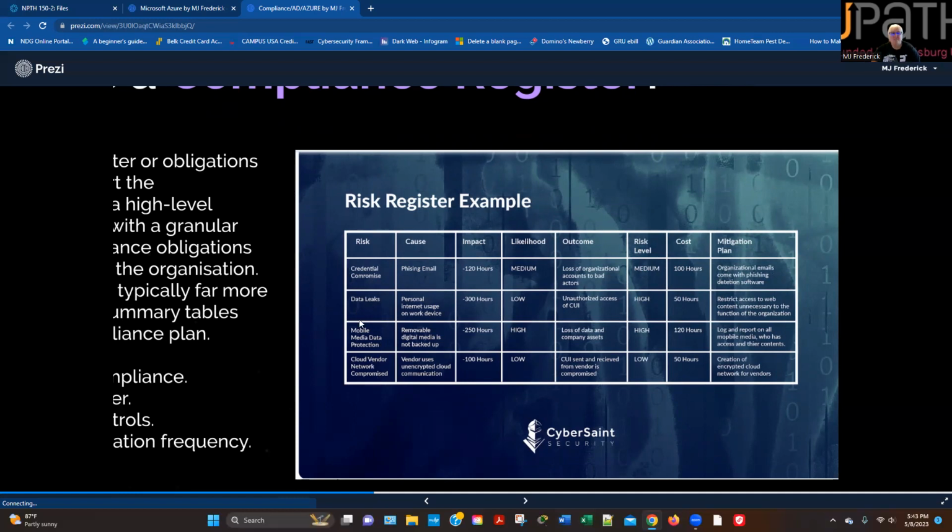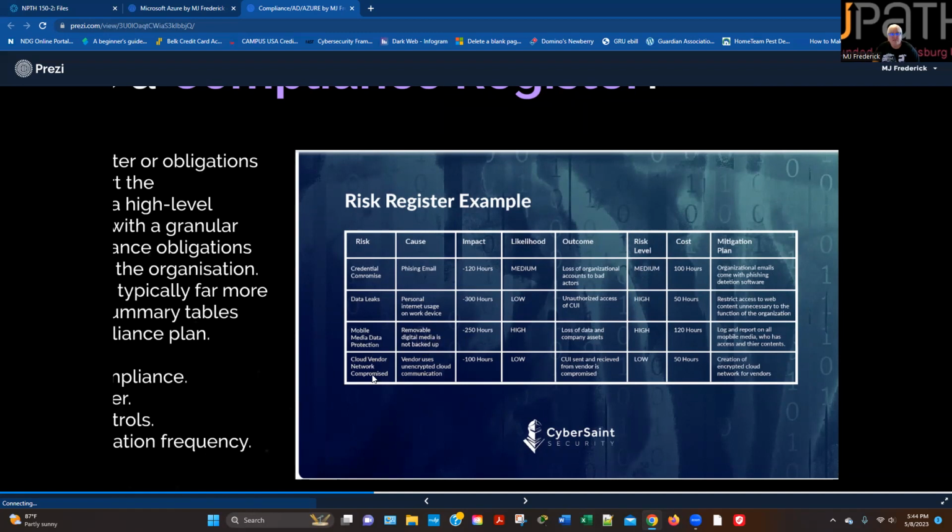Okay, so these are the risk factors that we're going to look at. Then we look at, well, what could happen? What could be the cause? Well, for credential compromise, we see phishing emails. They just sent a bunch of emails out and somebody got hooked. With data leaks, personal internet usage on a work device can happen. Mobile media data protection, removable digital media that's not backed up.